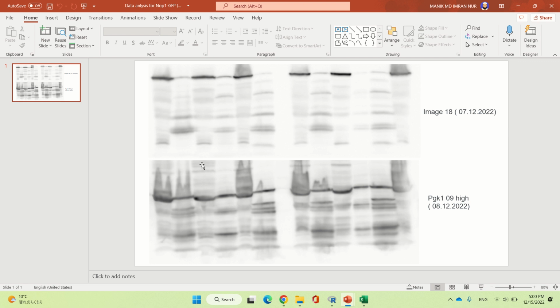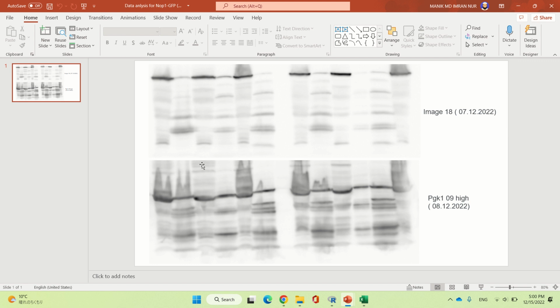All of the free GFP might be processed from the full length. So the sum of the full length and the free GFP means the possibility, the chance, of the protein included in the cell.